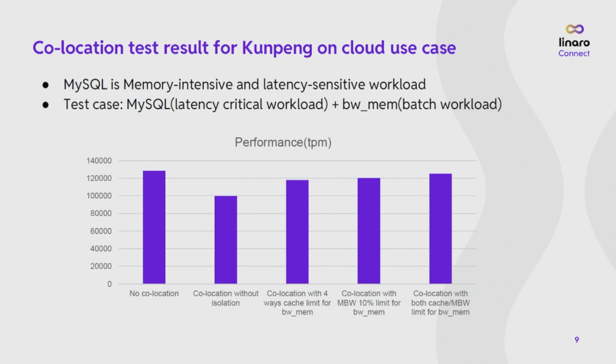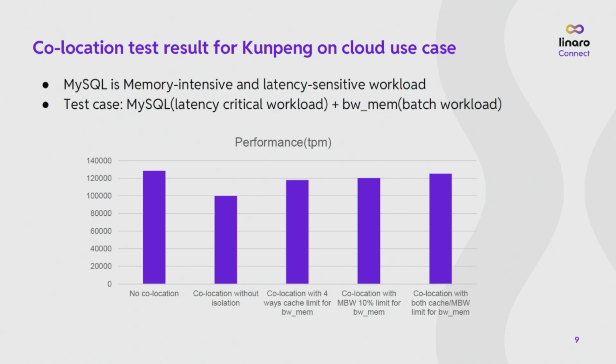MySQL is a memory intensive and latency sensitive workload, so we're doing a test case with MySQL, and a batch workload with a benchmark, BW memory, which simulates Spark. In internet companies, Spark is a kind of batch workload, and MySQL and Redis are latency critical workloads. Here we are running MySQL in a container with 16 cores.